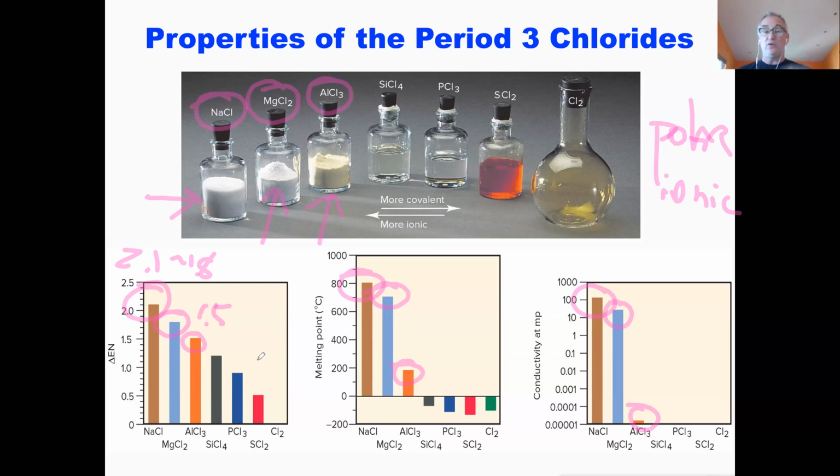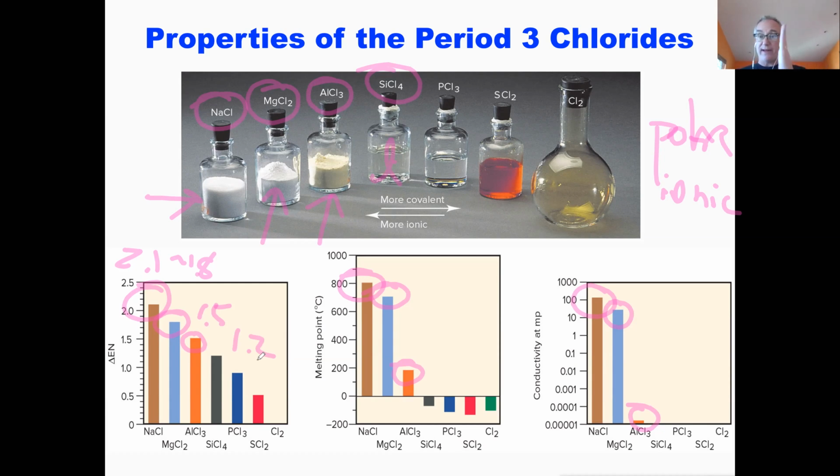And then when we move from aluminum to silicon, the difference is around 1.2. Now it has no ionic character at all. In fact, this is now a liquid at room temperature, not a solid, and it does not conduct electricity at all. Its melting point is actually below zero.